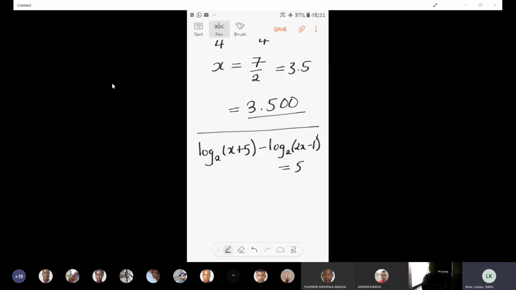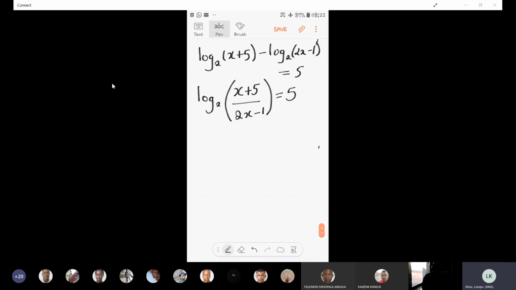When the bases are the same, all we need to do is use our laws and combine the two logarithms. Here I'm subtracting. When I'm subtracting logarithms that have the same base, all I need to do is divide the arguments. So this will become log base 2 of x plus 5 over 2x minus 1, equal to 5.